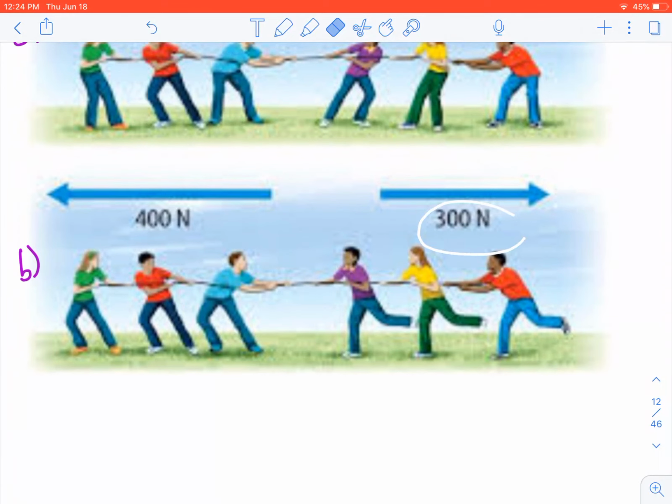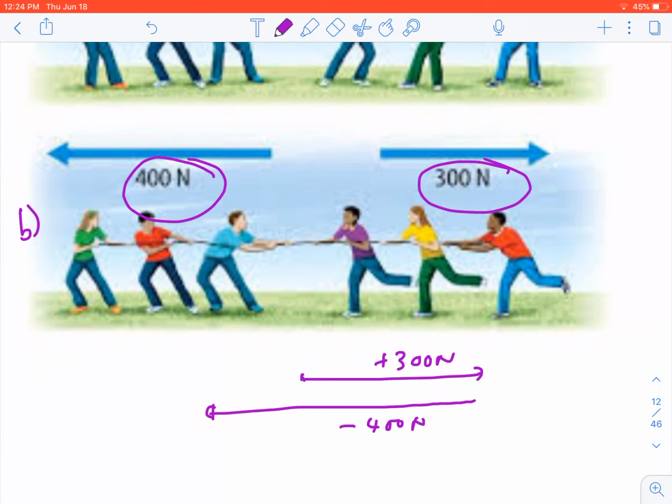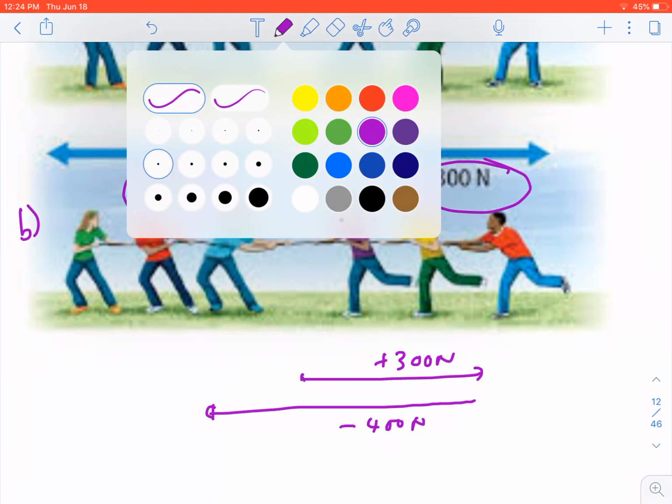Here you've got 300 in that direction and 400 in that direction, and if we look at this geometrically, we could have 300 in that direction, and then the other one is 400 newtons in that direction. So what is our resultant?